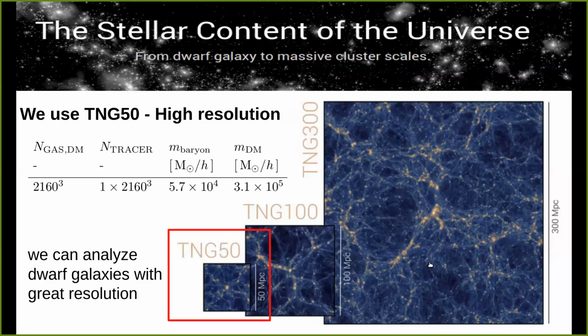So we use data of the TNG50 simulation, and there we're looking for these UDGs that live in low-density environments. This simulation has a great resolution for particles, so we can resolve and analyze dwarf galaxies with a great resolution.